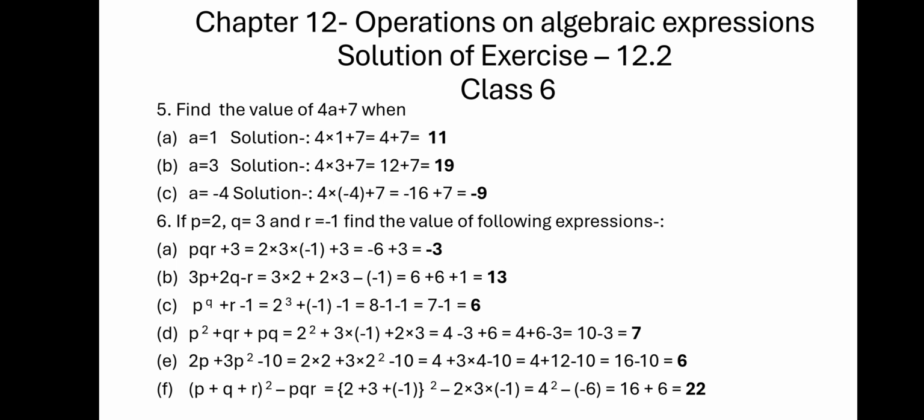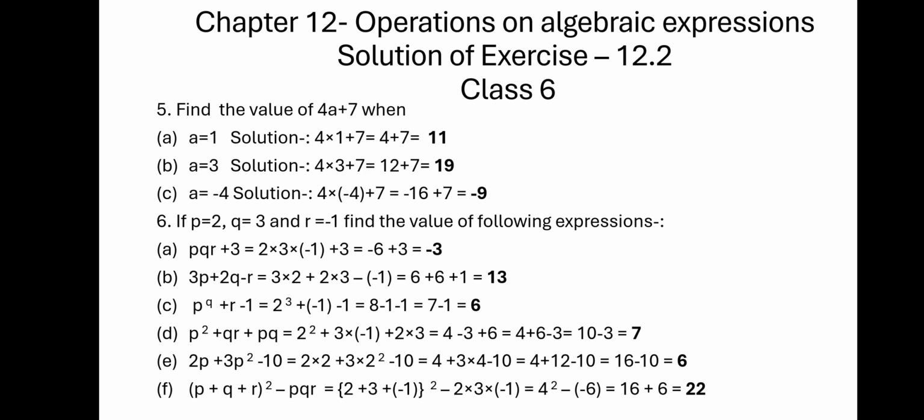D question. P square plus QR plus PQ. P square, 2 square, that is 4. QR is 3 into negative 1, and PQ is P is 2 and Q is 3, so 2 into 3.